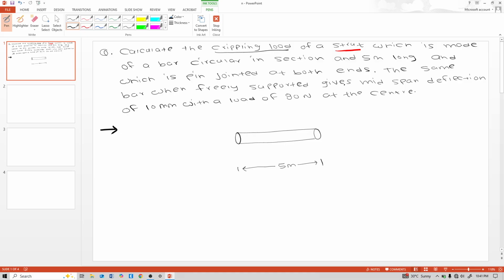Which is pin jointed at both ends. The same bar when freely supported gives midspan deflection. So let us assume this bar's reactions as like this.